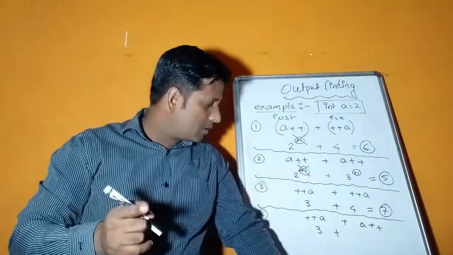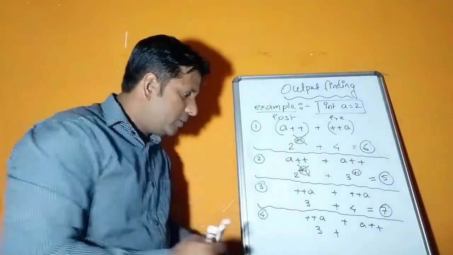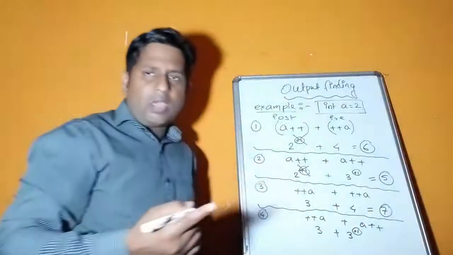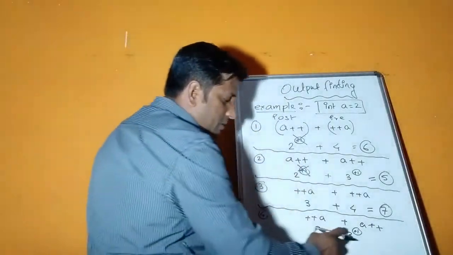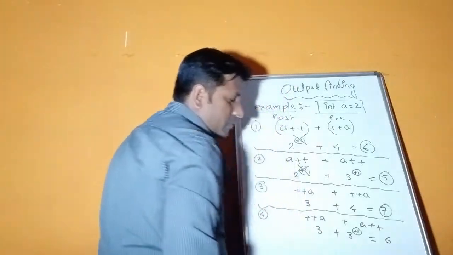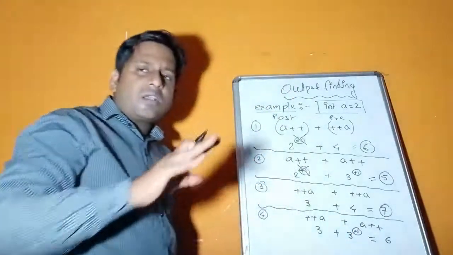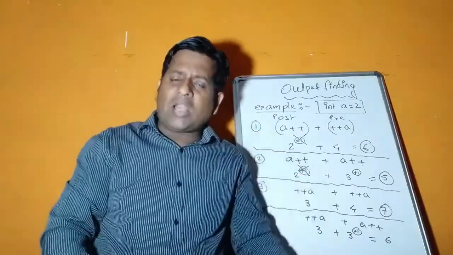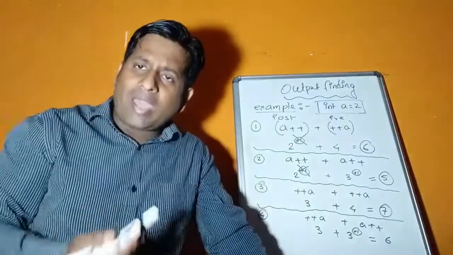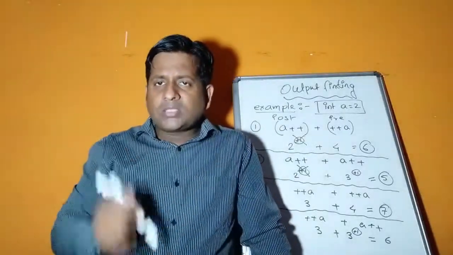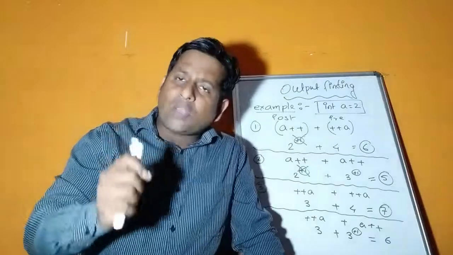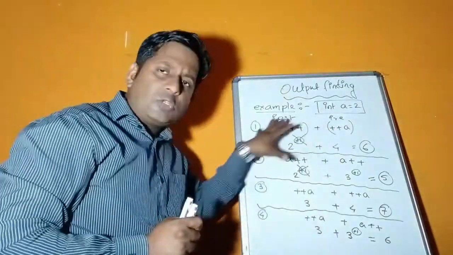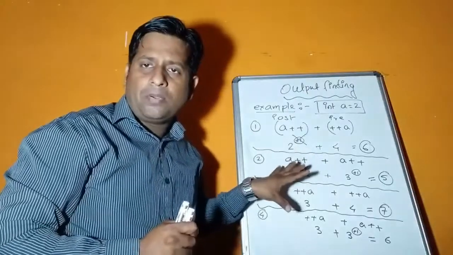A plus plus. Value of A is how much? 3. For this plus plus we have carry 1. So 3 plus 3 becomes how much? 6. Now what about this carry? This carry is garbage, waste. Whenever a carry is there but cannot be utilized further, because we don't have further the same variables, in such case the value is waste, it's garbage. So basically with increment we need to know these 4 different types.